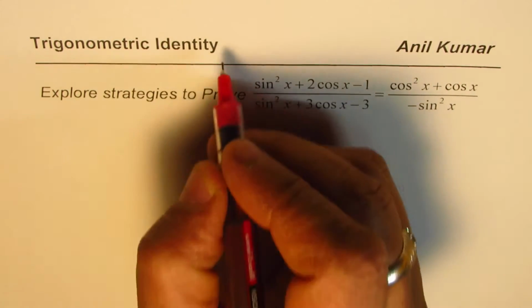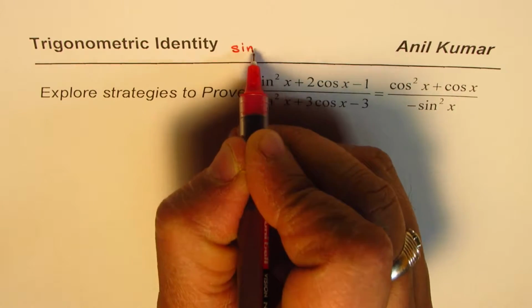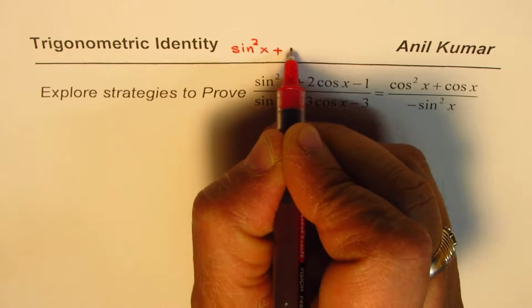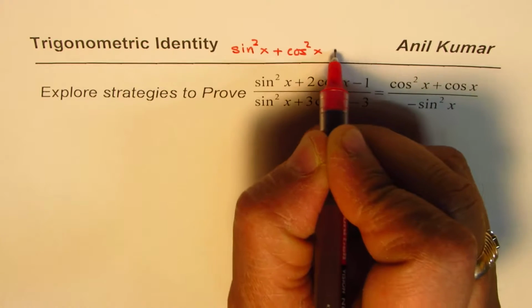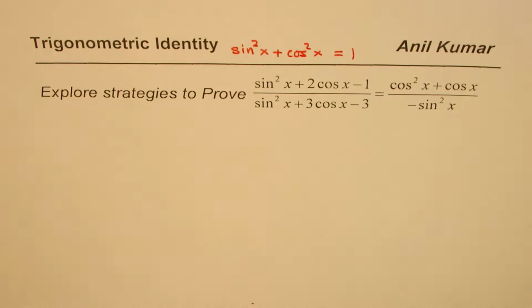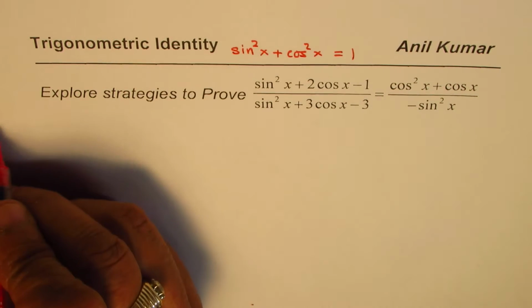So we are utilizing the Pythagorean identity, sin²x + cos²x = 1, to prove this particular identity. We'll begin from the left side.